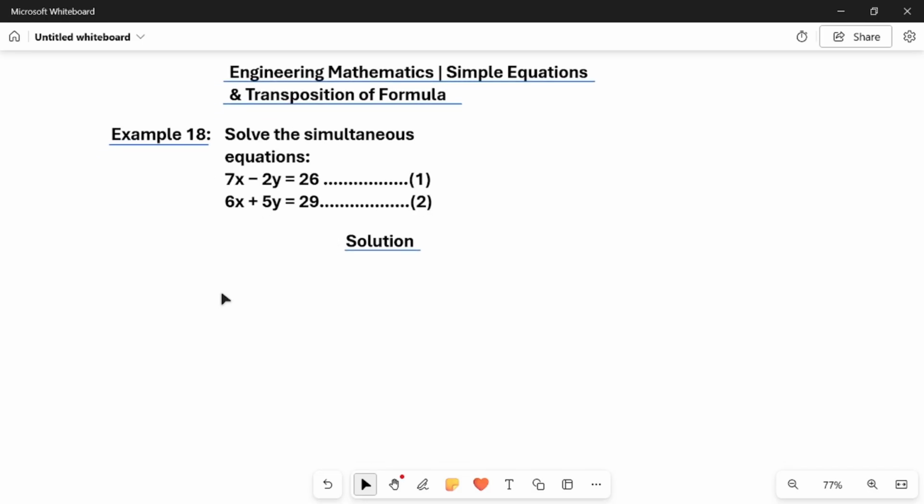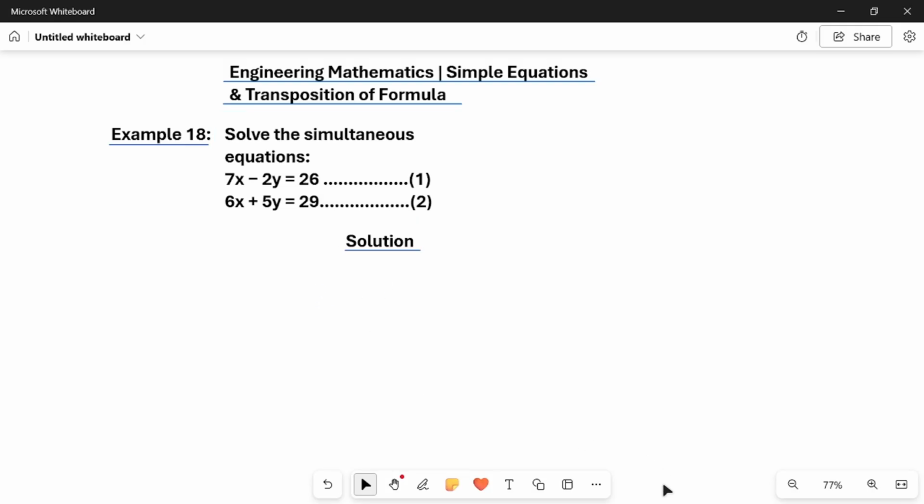Next example says solve simultaneous equations 7x minus 2y equals to 26, and 6x plus 5y equals to 29. So the first one is our equation 1 and the second one is our equation 2. So how do we proceed?